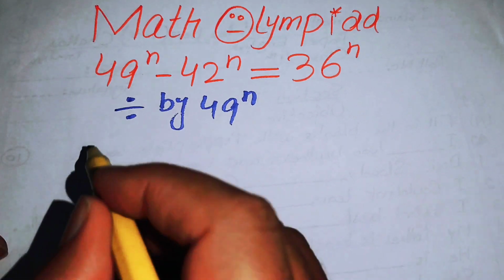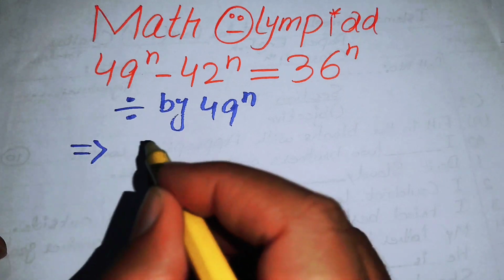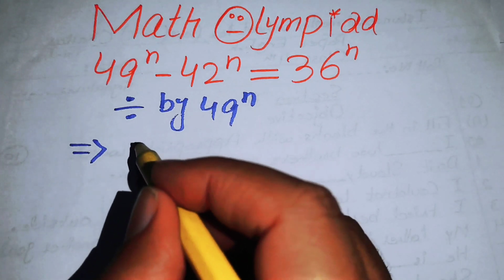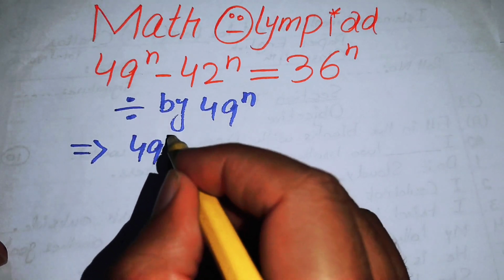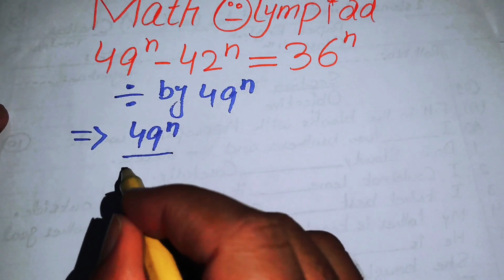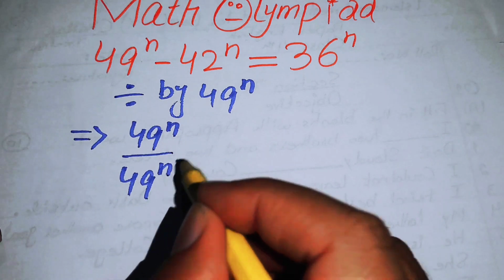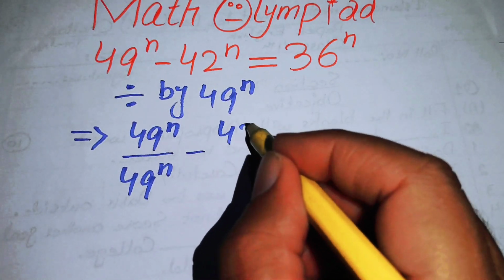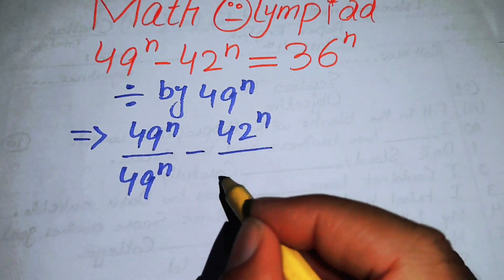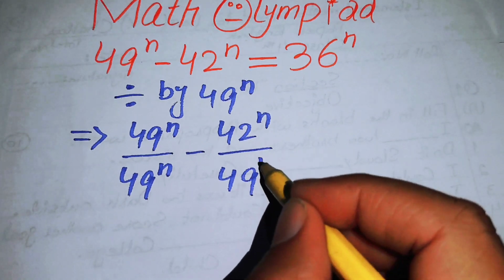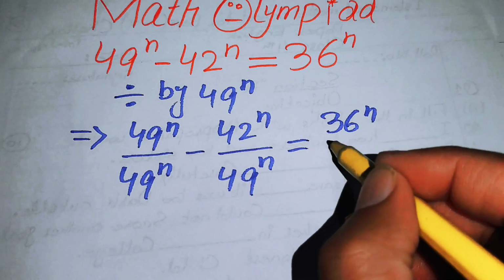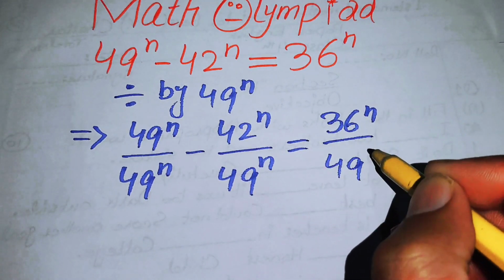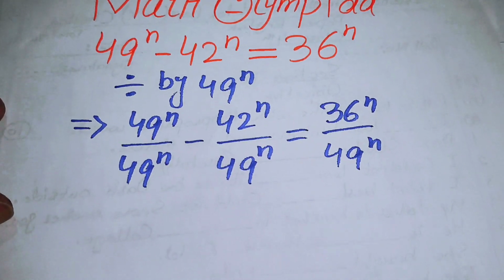When you divide each side by 49 to the power of n, then you will get 49 to the power of n over 49 to the power of n minus 42 to the power of n over 49 to the power of n equals 36 to the power of n over 49 to the power of n.